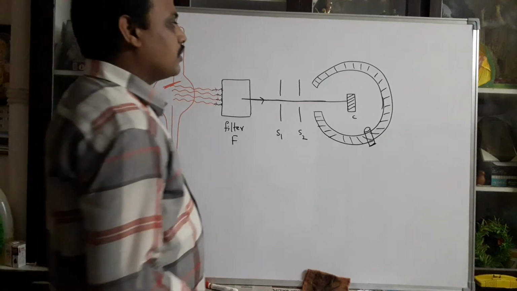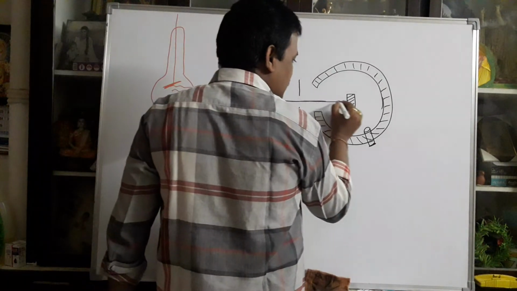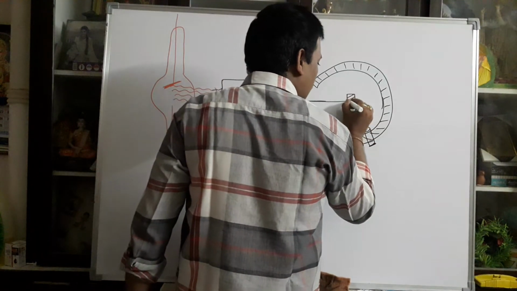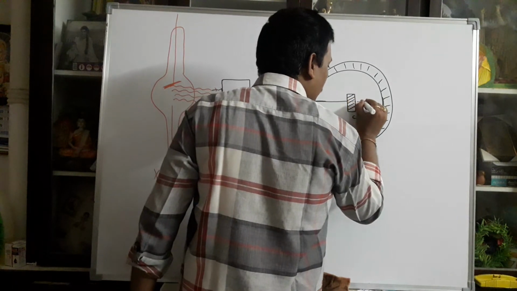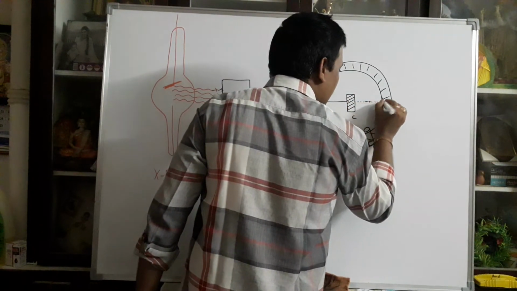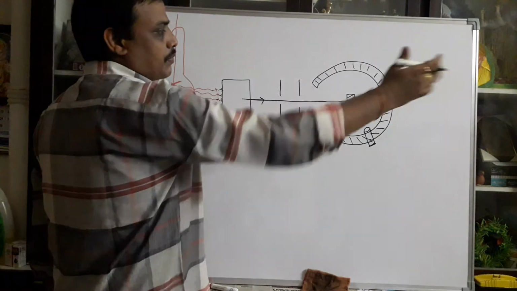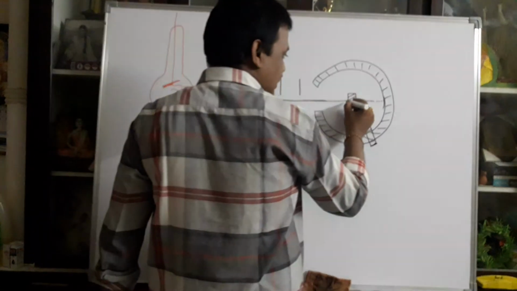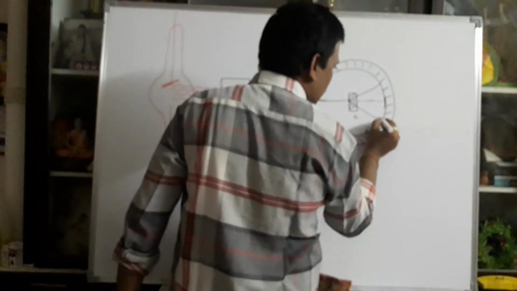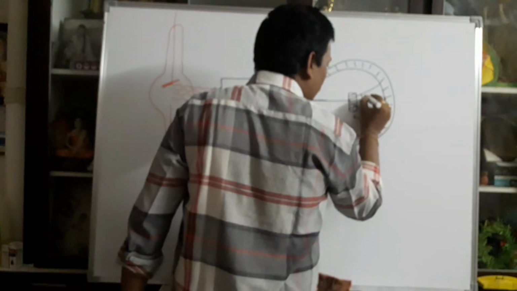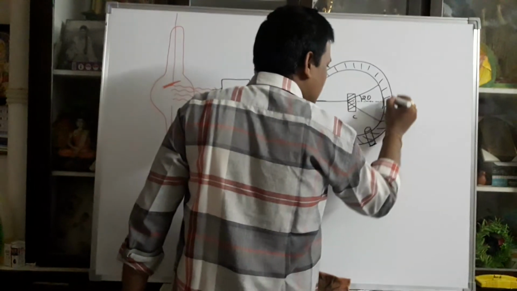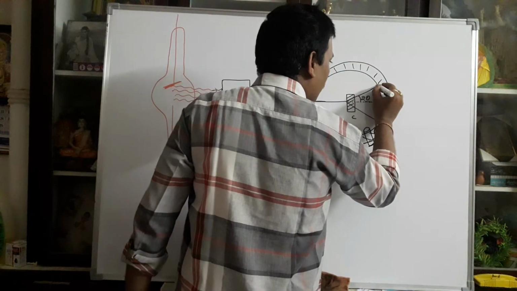You can observe that if the X-ray beam is incident and there is no diffraction, the X-ray goes in a straight path. Once the X-ray is diffracted like this and also like this, it makes an angle 2 theta. This is the arc, circular form.